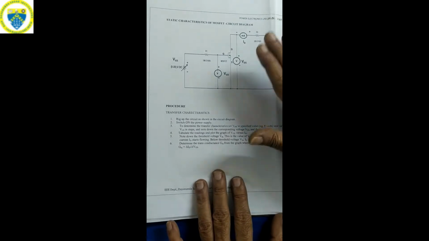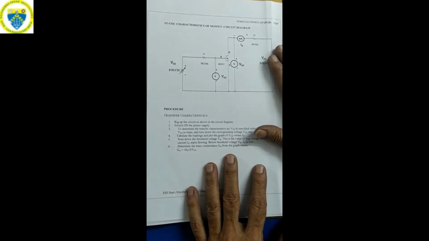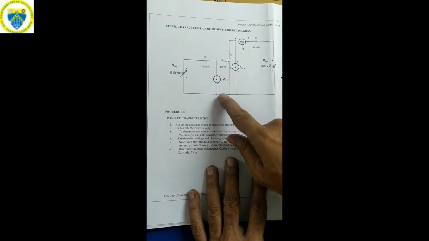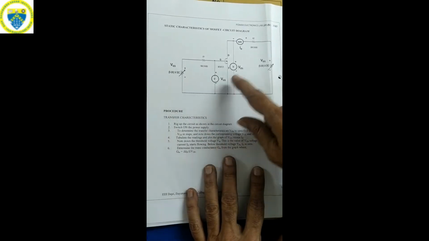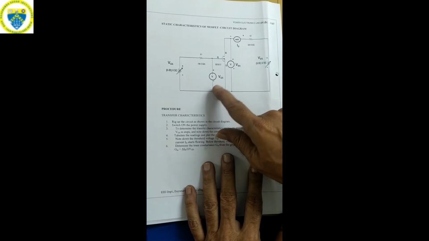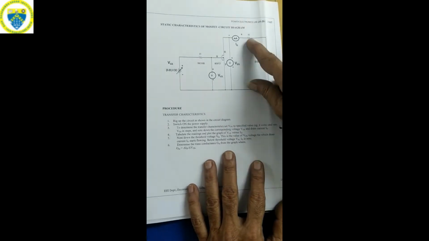In the same way, we will conduct the experiment. This experiment consists of two parts. One is we have to identify the transfer characteristic, that is a graph between VGS versus the load current or ID.